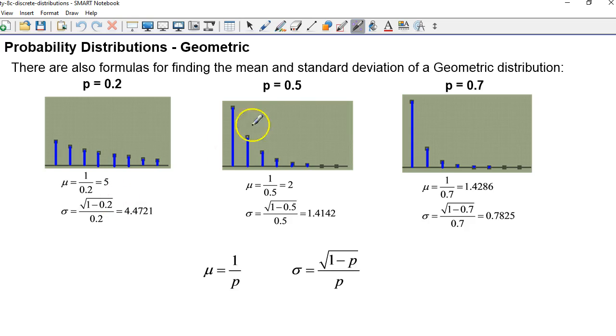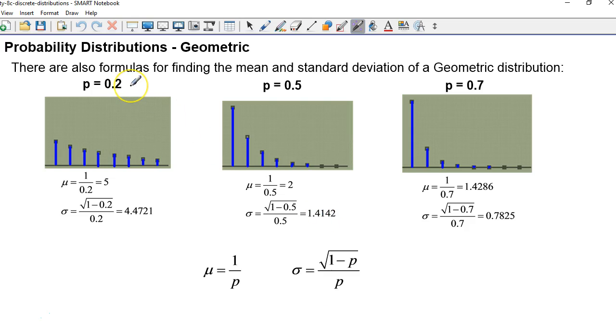And there are formulas for finding the mean and standard deviation of a geometric distribution as well. It turns out that the formula for the mean is 1 over p, and the formula for the standard deviation is the square root of 1 minus p, over p. And let's see, so the mean for 0.5 would be at 2, and we can calculate the standard deviations.